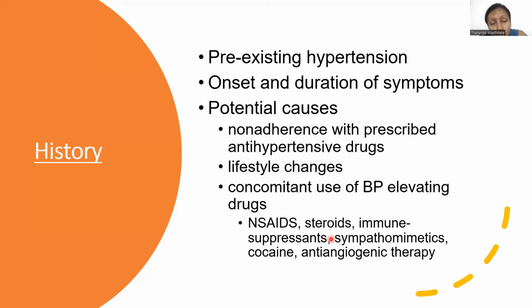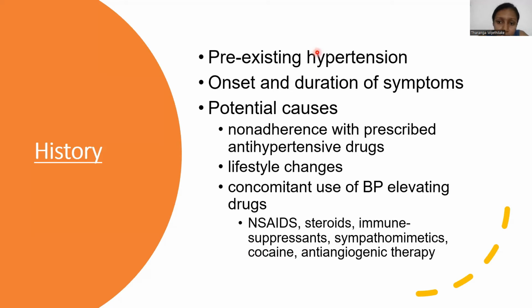And due to a shortage of some of the commoner agents, our population who abuse substances have shifted to taking sympathomimetics. People who take cocaine can present with these devastating hypertensive emergencies. They can present with acute myocardial infarctions. Then anti-angiogenic therapy. This is not very common.